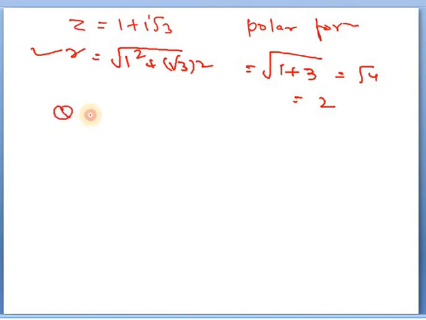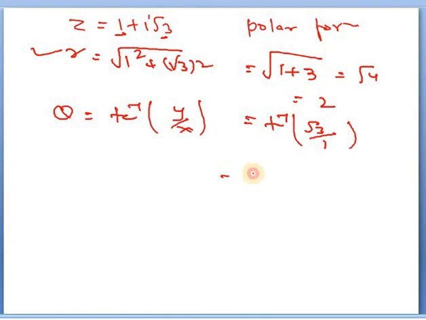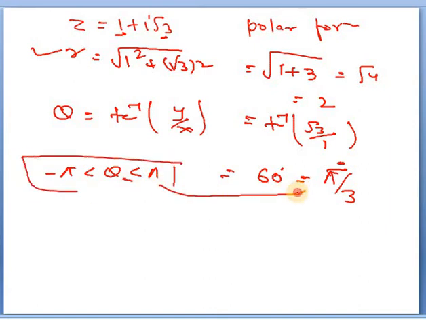Theta is nothing but tan inverse of y upon x. Here y is root 3 and x is 1, so tan inverse of root 3 upon 1. Tan inverse of root 3 is 60 degrees, which is pi upon 3. Now pi upon 3 lies between minus pi and pi, so this is also the principal argument.